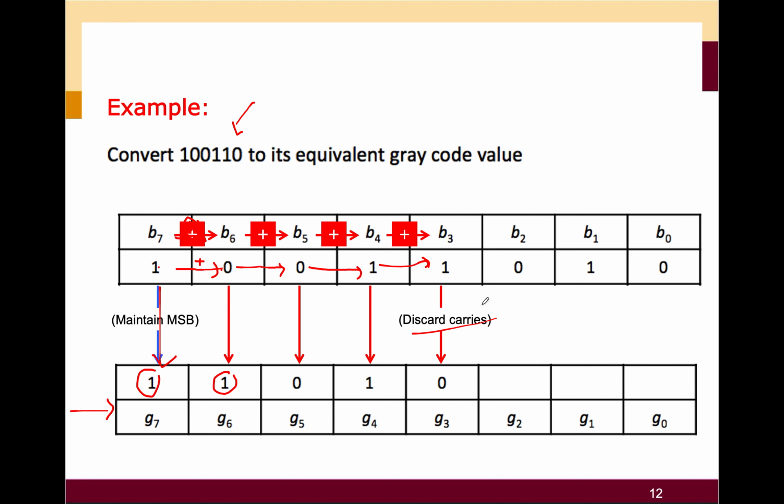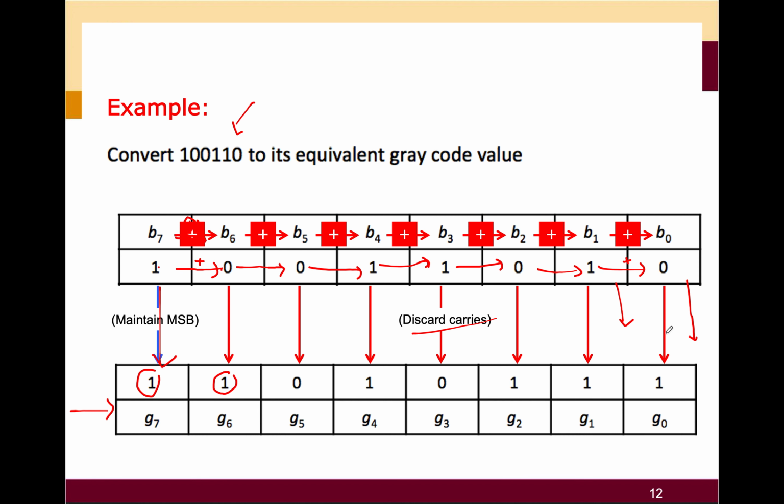Just remember this scenario and what the output is. Then you follow with 1 plus 0, you will get 1, and then 0 plus 1, you will also get 1, and lastly 1 plus 0, you also get 1.